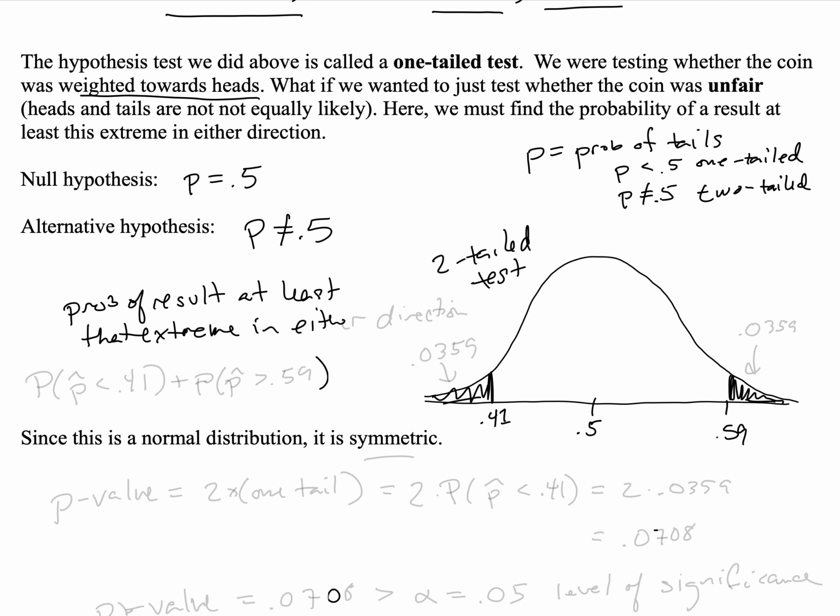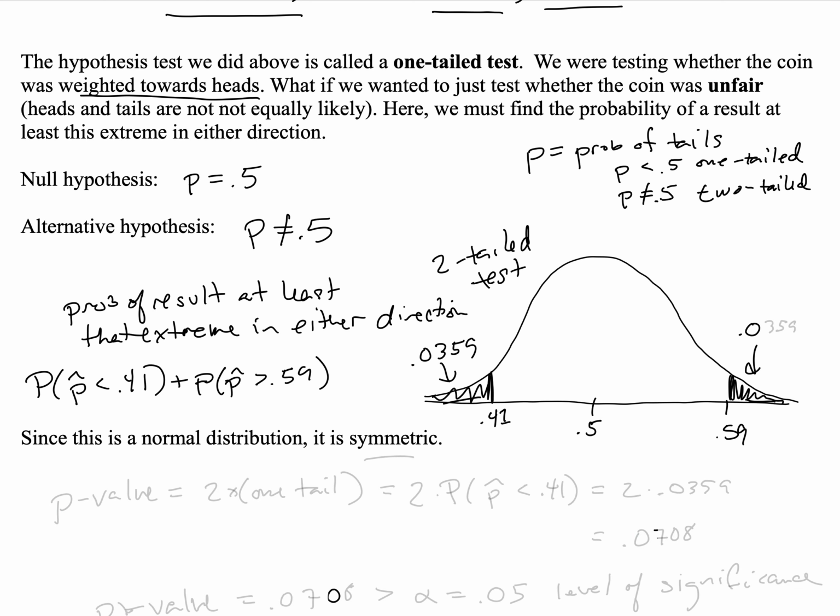So here we would be looking for the probability that the sample proportion was less than 0.41, plus the probability that the sample proportion is greater than 0.59. So what is that equal to? Well, we already figured out that the probability that the sample proportion is less than 0.41 was 0.0359. So what is it over here?